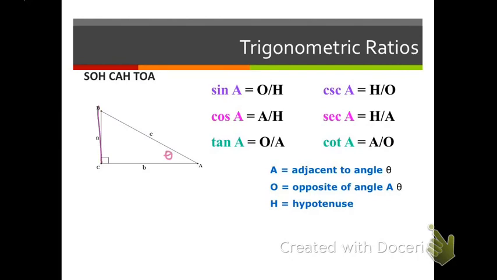Alright, so sine, and then cosine is adjacent over hypotenuse, and tangent is opposite over adjacent. And then cosecant is hypotenuse over opposite, secant is hypotenuse over adjacent, cotangent is adjacent over opposite.